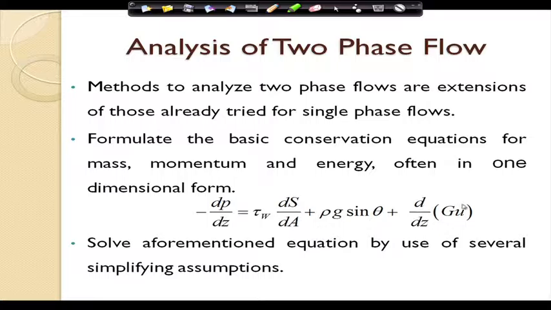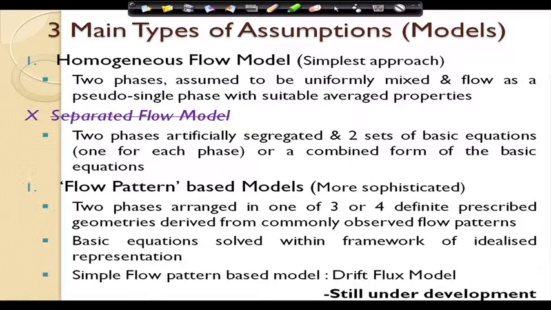We assume that since they are flowing as a pseudo fluid, they will be flowing with one particular velocity, and as if they are flowing as a single fluid, they will contact the wall, and accordingly we should be able to define a wall shear stress similar to single-phase flow. And of course, the density has to be expressed in terms of the composition of the two-phase mixture.